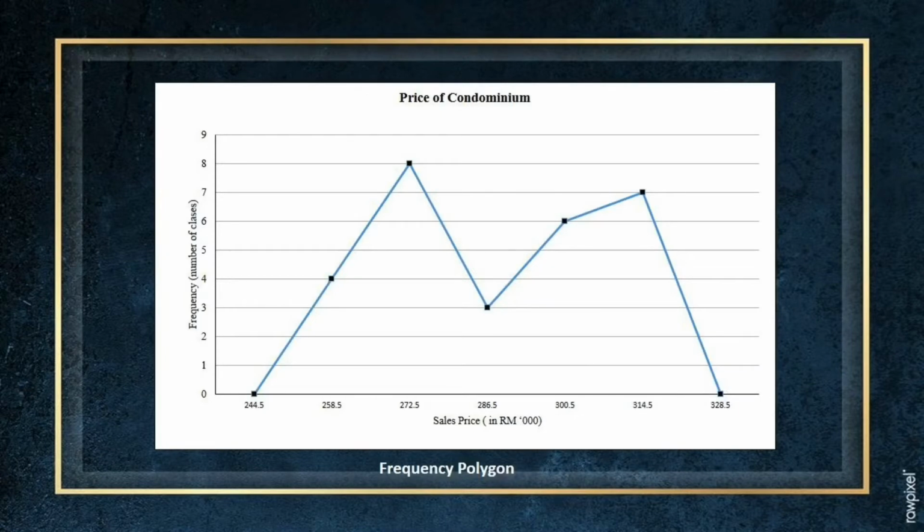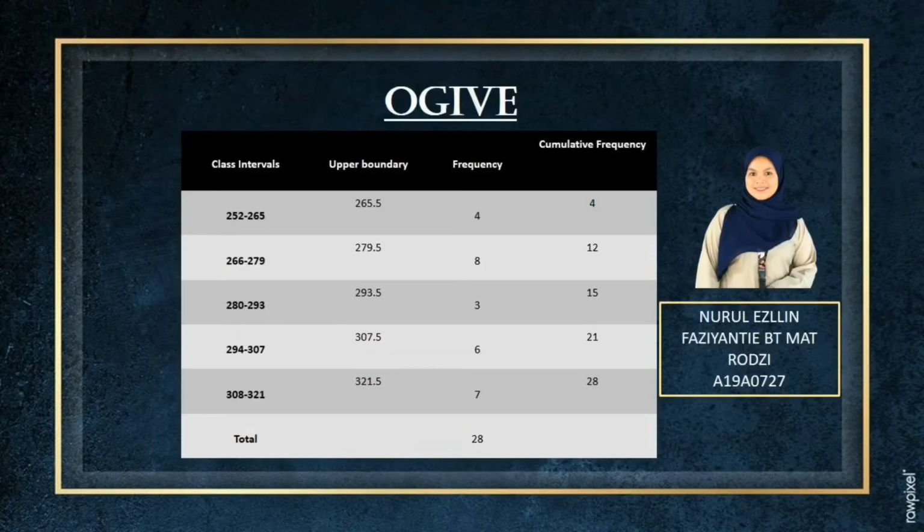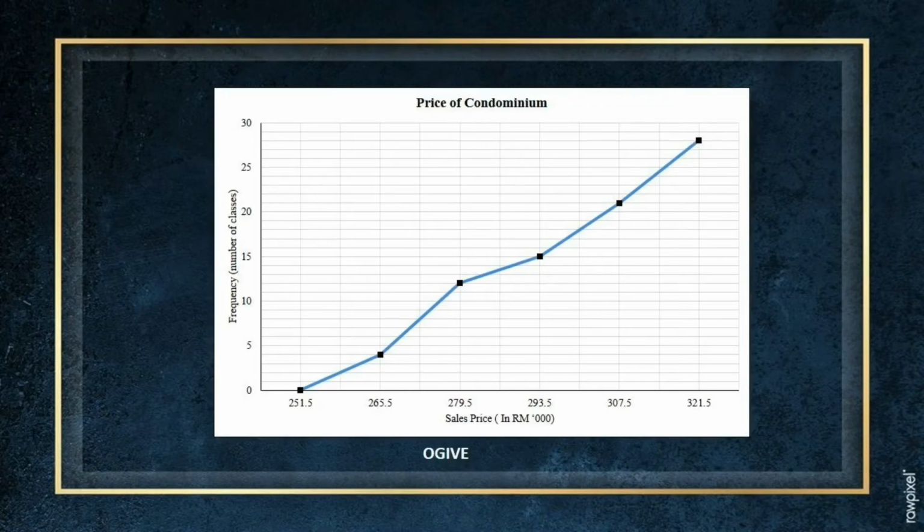To draw the polygon graph, we use the data of midpoint and also the data of frequency. Lastly, for the ogive graph, we use the data of frequency and also the data of upper boundary.